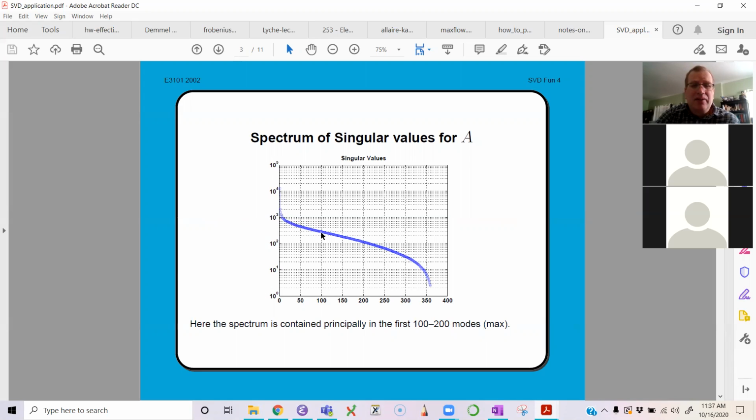And then they kind of stabilize. And then towards the end, they become small. So he says the spectrum is contained principally in the first 100 to 200 modes.